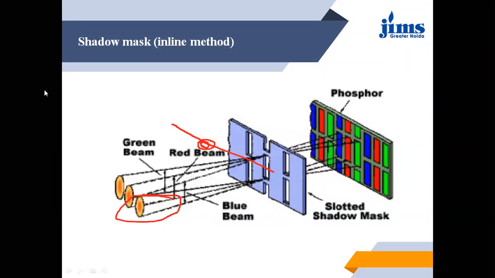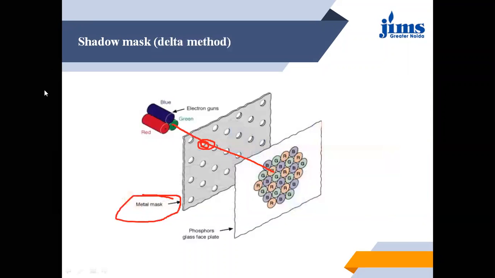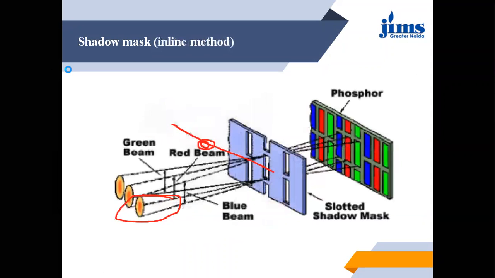In the inline method, if you see over here, in the delta method a metal mask is used that has circles, but in the inline method we have to use a mask that is slotted.